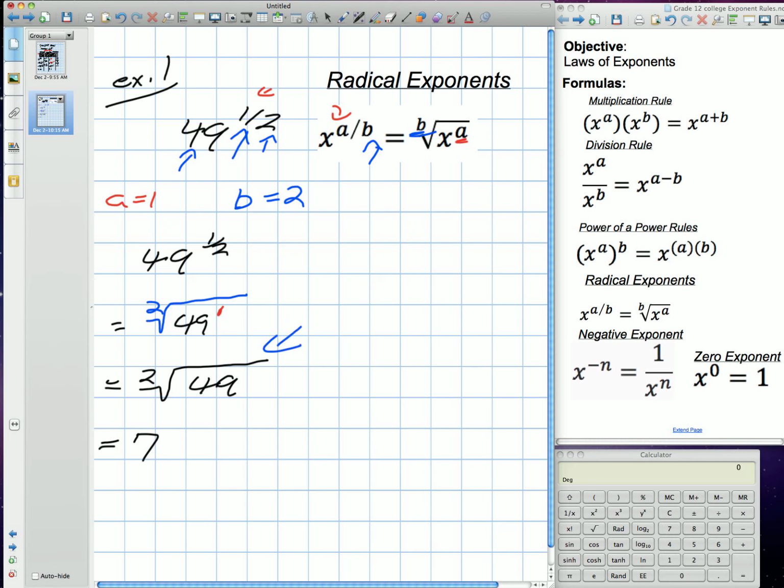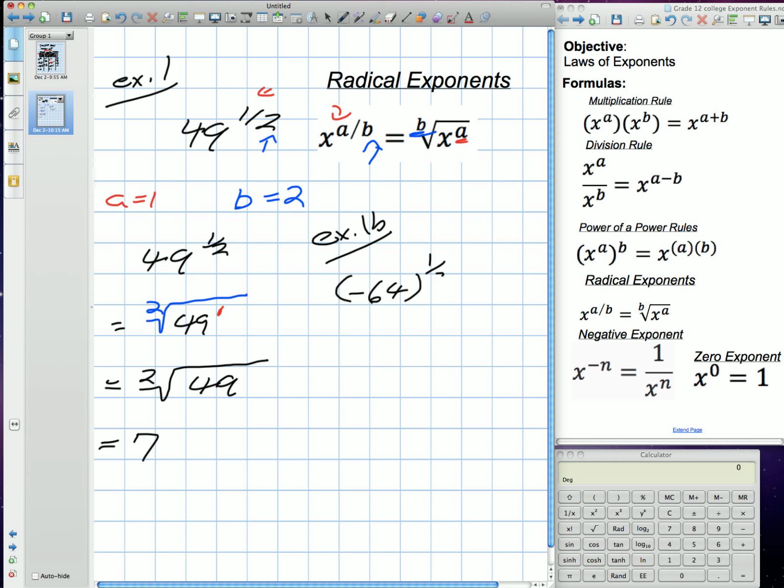Okay? Let's try the second example. The next one they have here is negative 64 to the power of a third. Okay, so this one's a little more difficult.